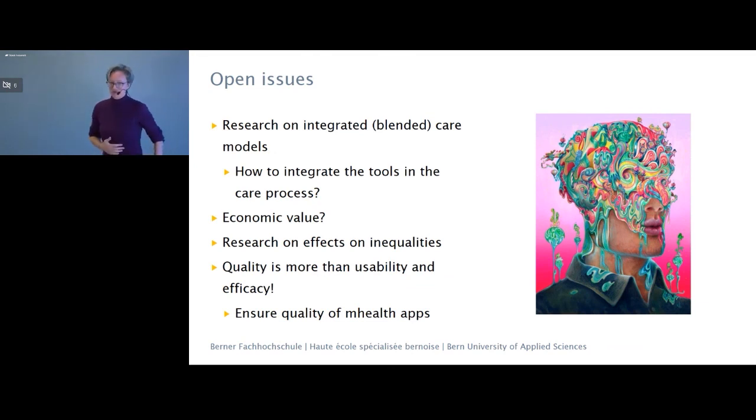Like we exclude me from driving the bus in Tromsø because I cannot pay by the app. And my last point is, we have to ensure quality of mHealth apps, and the recommendation here is to use a participatory design, which becomes very popular nowadays, or co-creation, where we involve the potential users, the health professionals, the technology people, and maybe it's also time to involve some people who think about ethics in this context.